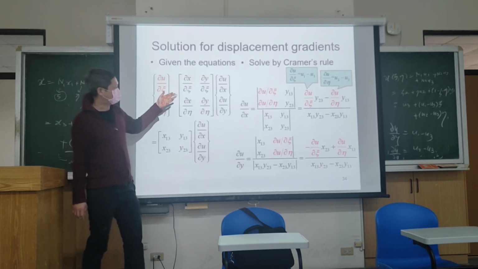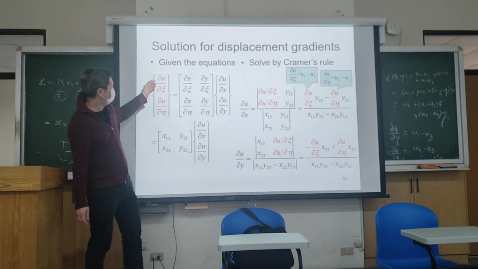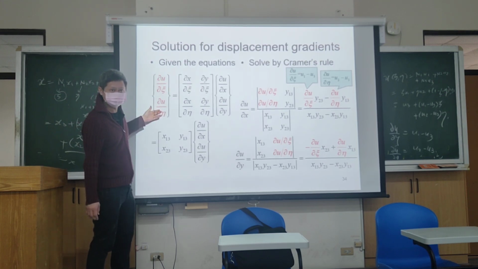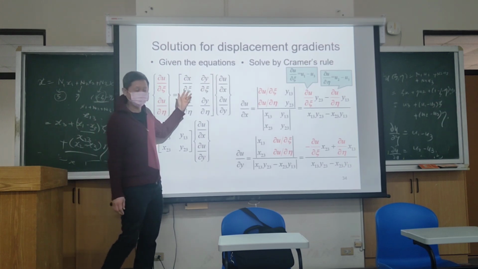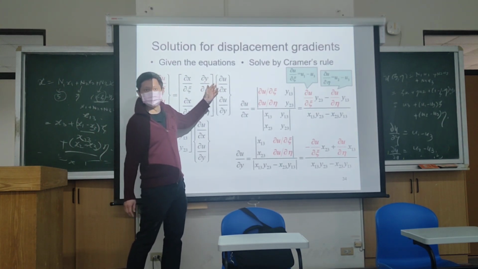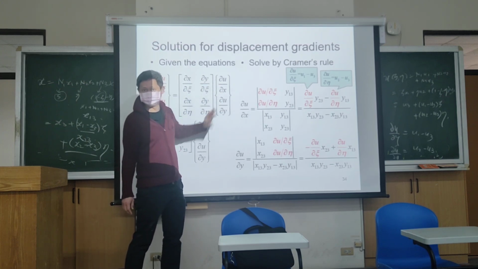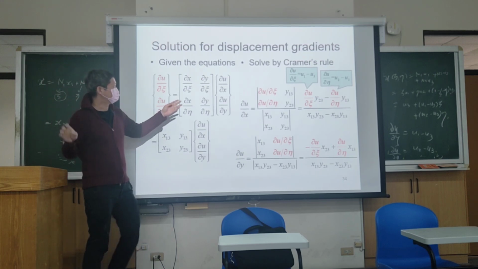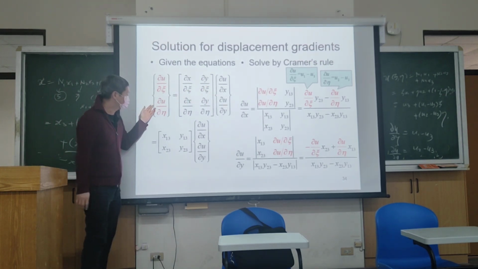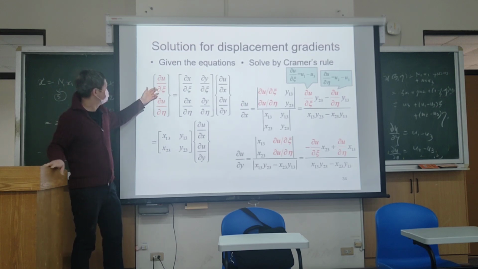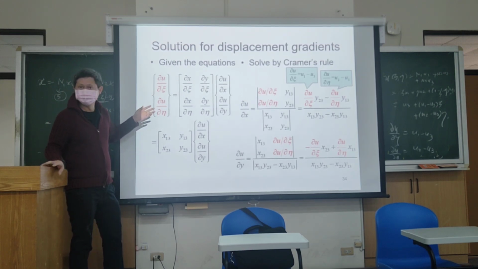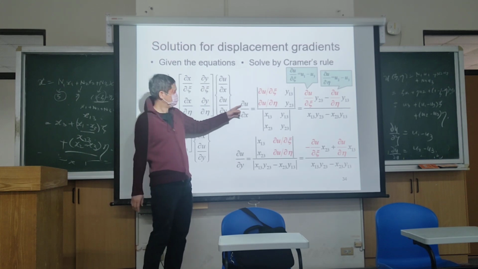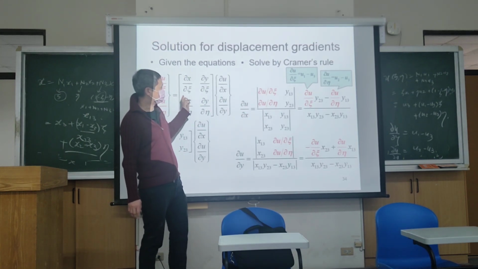Okay? As such, now your vector identity: the vector of the natural gradient is equal to the Jacobian times the physical gradient of the strain. So now we need to convert between the actual strain in the physical field and the strain in the natural coordinate field. The result of the conversion is that the physical strain is found from the natural coordinate strain through Cramer's rule.